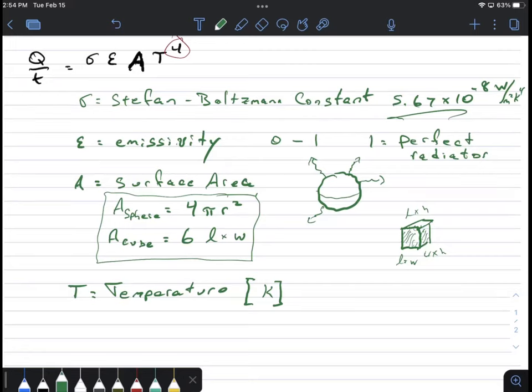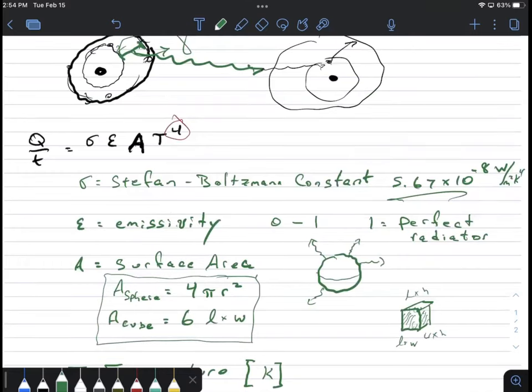Another thing I'll say is a lot of times, instead of calling it heat transfer rate, we'll call it the power. So with conduction, we call it heat transfer rate. But really, when you think about physics and you think about the units of joules, which is energy per second, so Q over T, heat per time, is joules per second. Joules per second in physics is what power is. Power is defined as the amount of energy transferred per second.